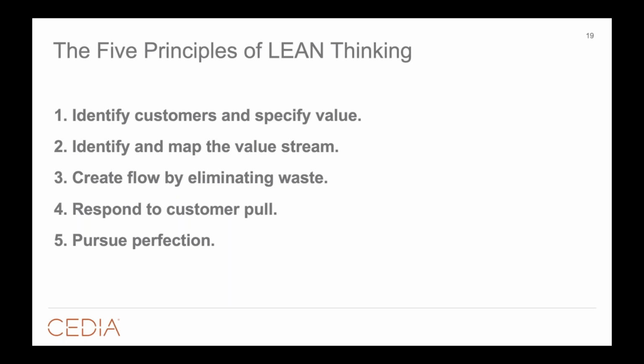Tackle how we eliminate that waste. And then ultimately, we want to make sure that that process improvement resonates with these customers that we have. It's creating value for them. And then ultimately, how do we continue to improve? How do we continue to make their experience better and better? How do we pursue perfection?